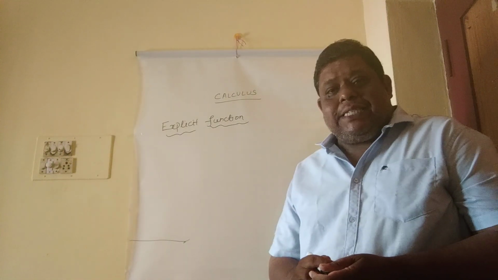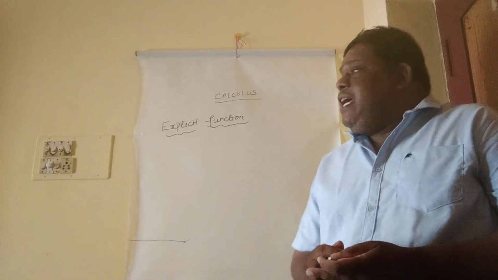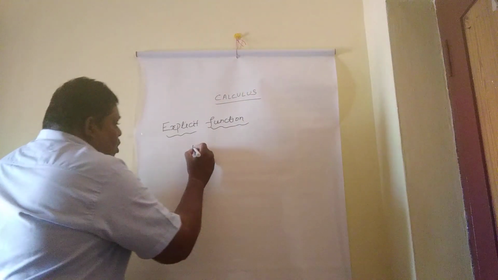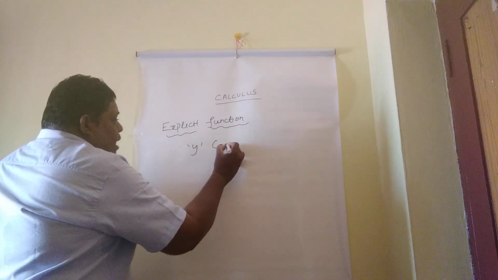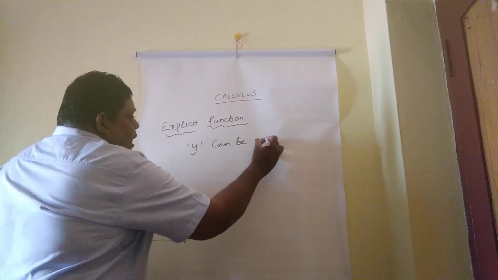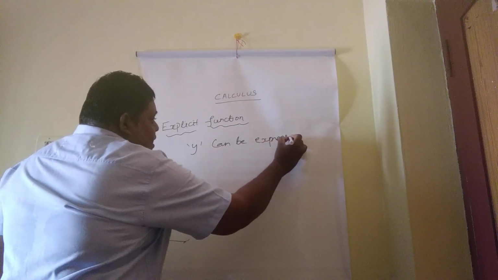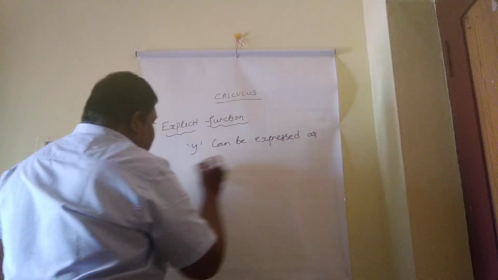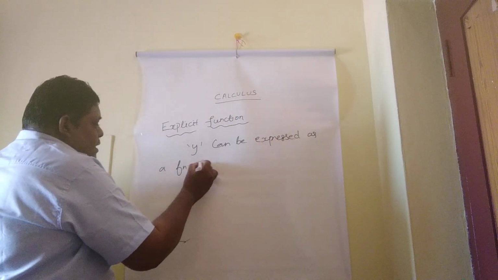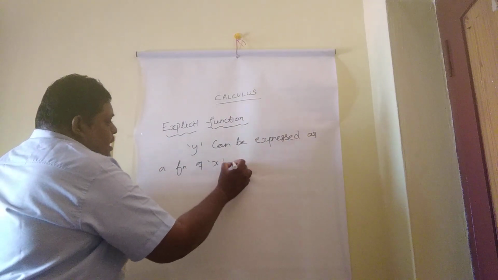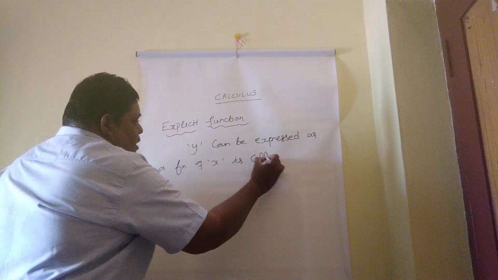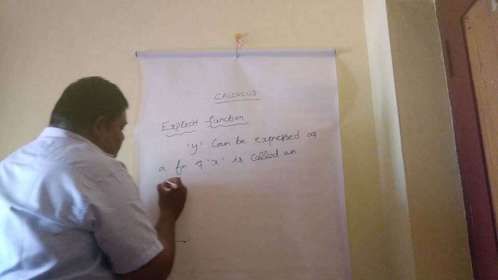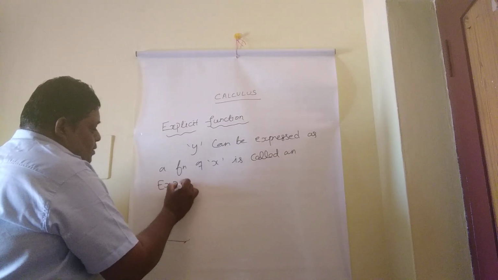Y can be expressed as a function of x is called an explicit function.